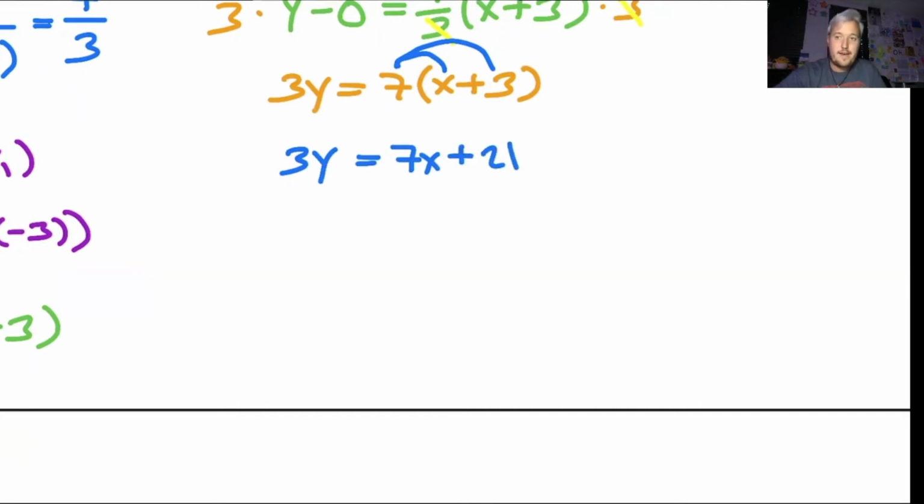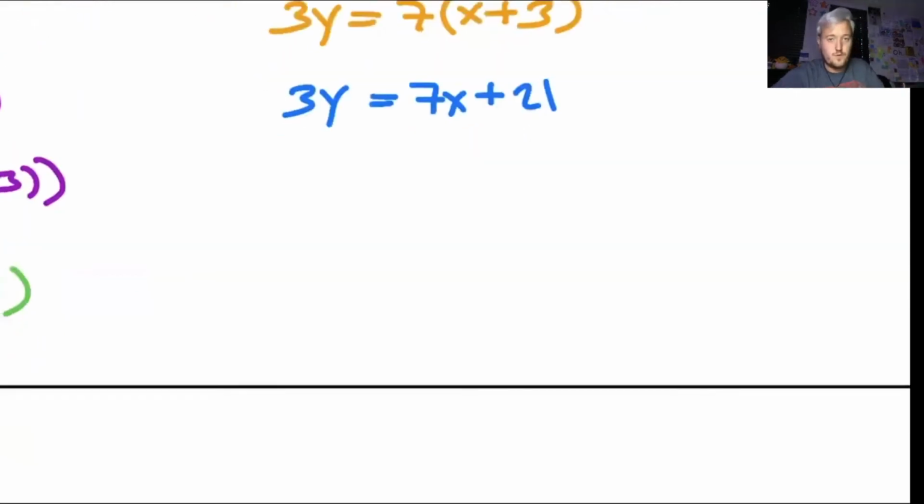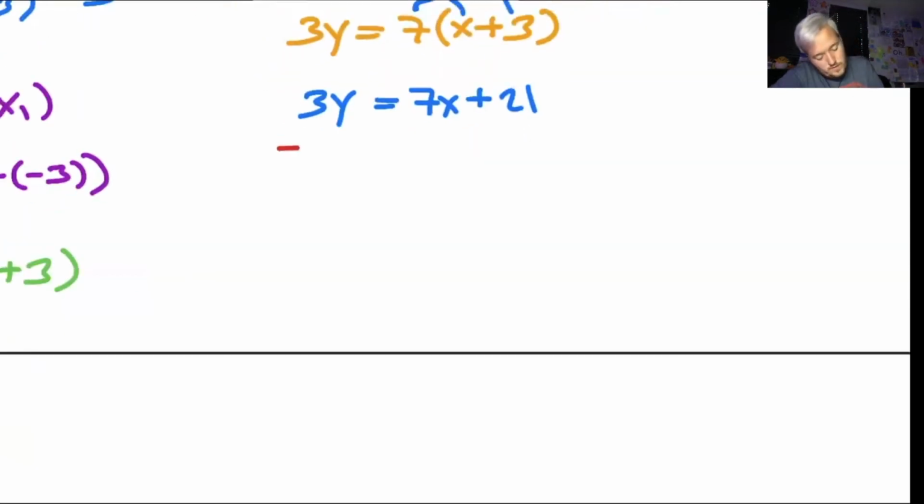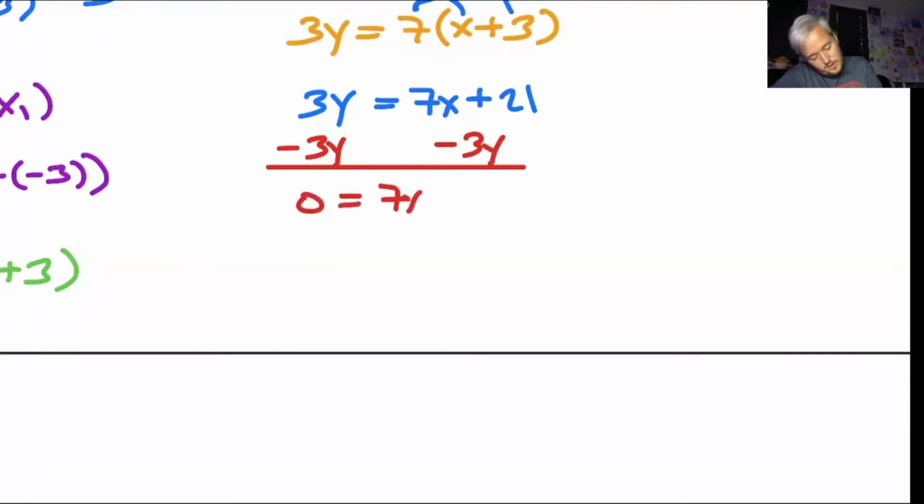So my x value, I have 7x. It's positive and a whole number, so it's good. Do not move it. So it's a pivot point. So I'm going to subtract 3y. So 0 equals 7x minus 3y plus 21.